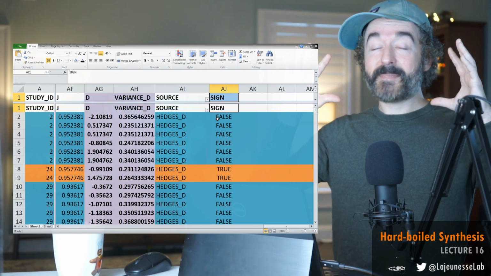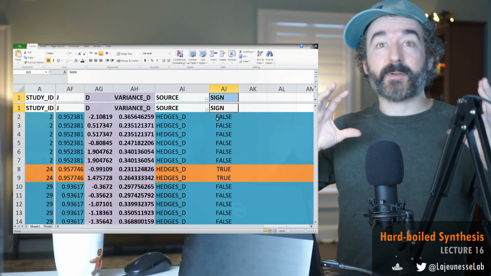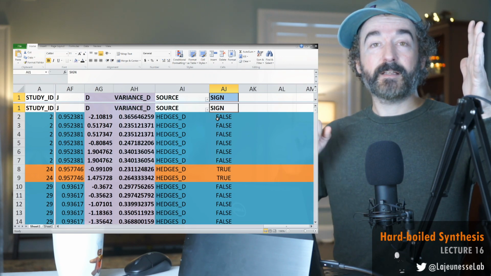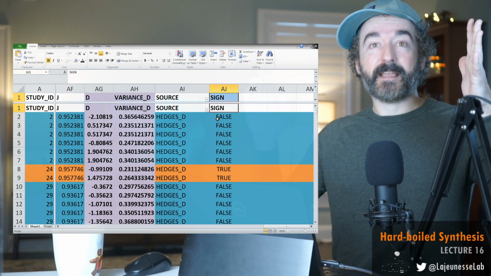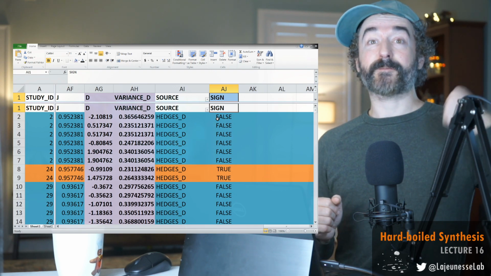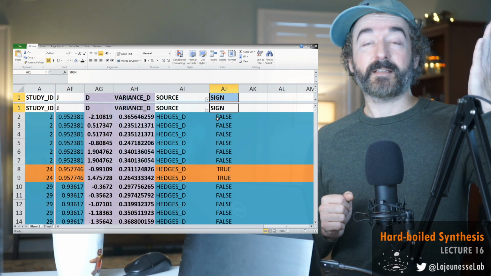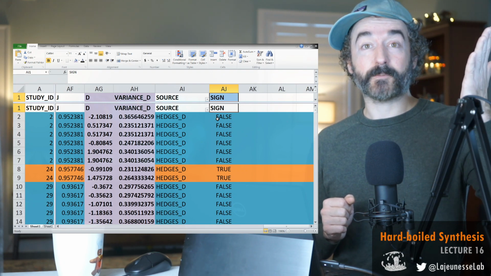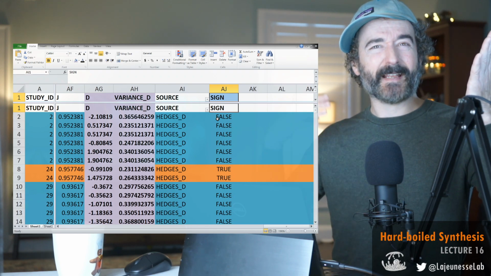And that means the effect is going to be in the opposite direction. If there's high mortality in the treatment group, you're going to get a positive effect. But if you have high survivorship in the treatment group, you're also going to get a positive effect.